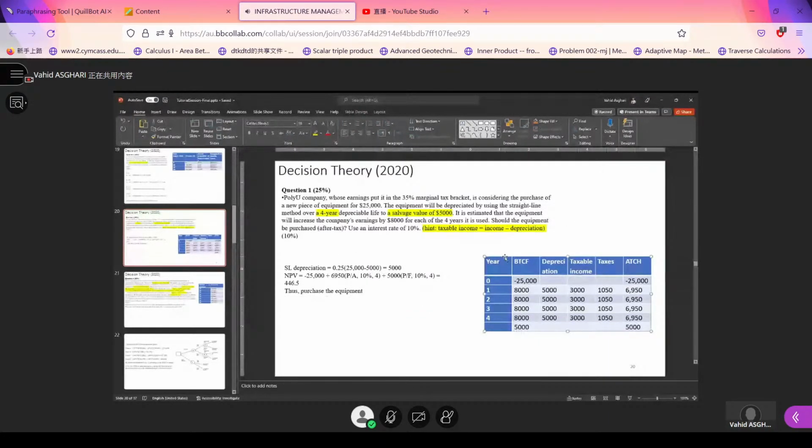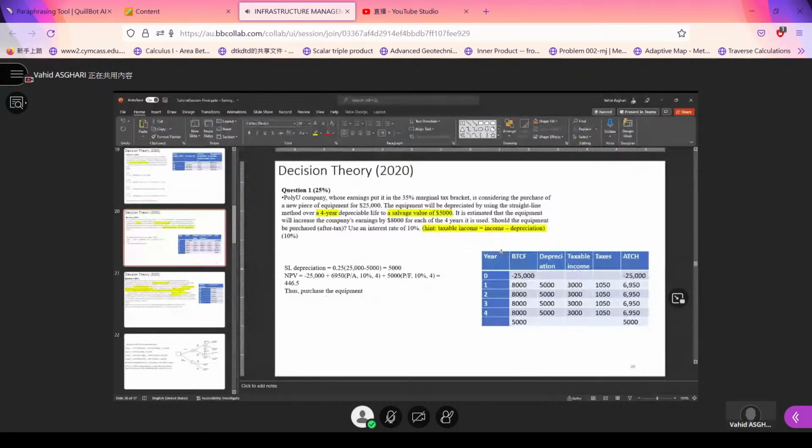So let's say that PolyU is gonna spend $25,000, as highlighted in here, and the company's earning will be $8,000 for the 4 years that it will be used.